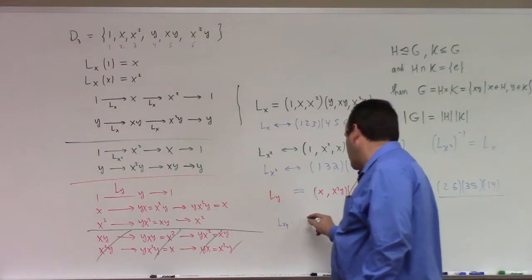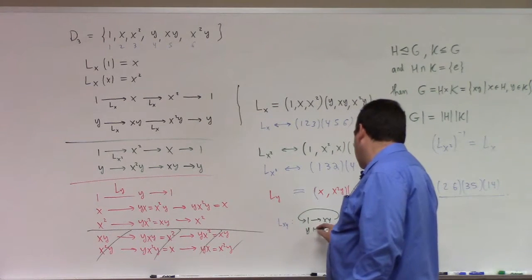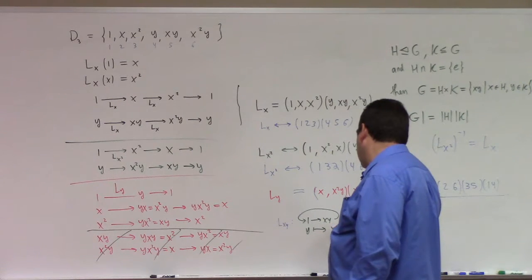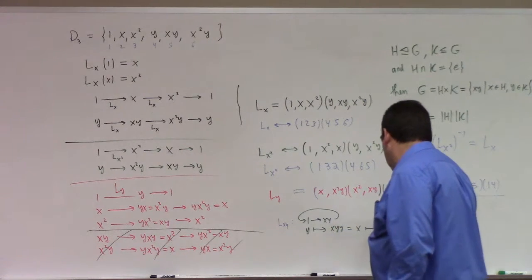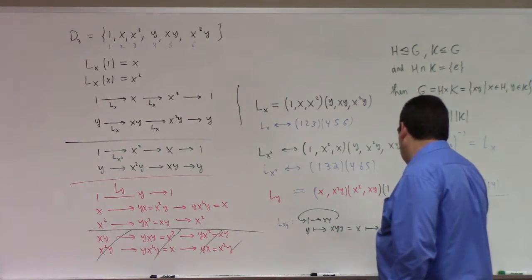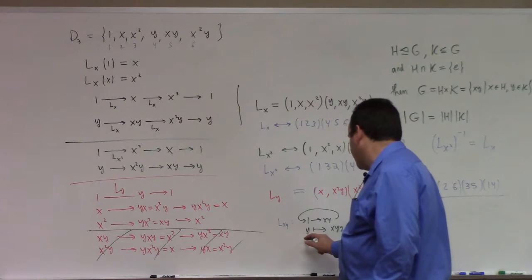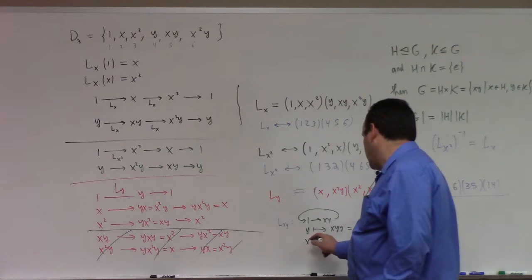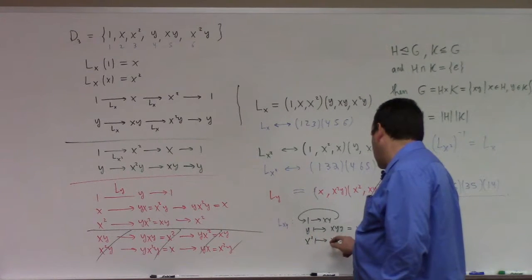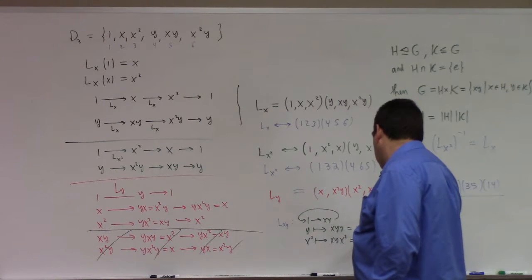But yes, certainly 1 goes to xy, which goes back again, right? y goes to xyy, also known as x, which then goes to xyx, which is really y again, right? So I got xy, I got 1, I got y, I got x. I should check x squared. x squared goes to xyx squared, which is really x squared y, yeah?